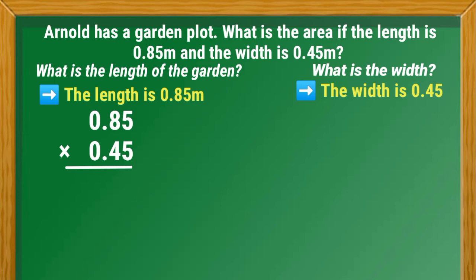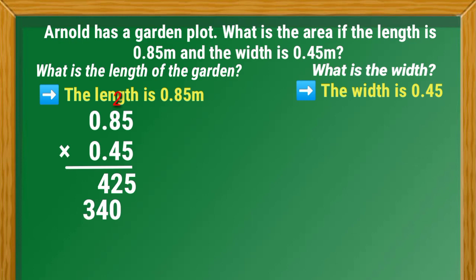Multiply like you do with the whole numbers. So 5 times 5 is 25. Bring down 5, regroup 2. 5 times 8 is 40. Plus 2 is 42. Then, let's multiply 4 times 5 is 20. Bring down 0, regroup 2. 4 times 8 is 32.